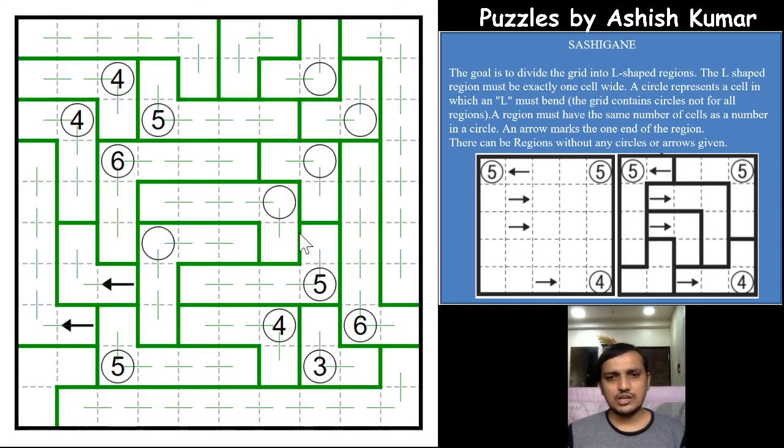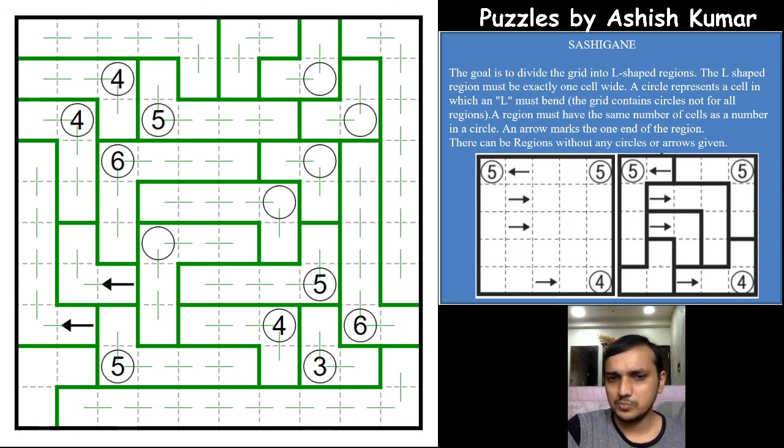So if you saw, there were few tips. I'll just repeat the tips that we came across in these puzzles. The first thing is, when one of the adjacent cells from the circle is not part of the region with the circle, then the opposite cell has to be part of the region. That was one of the tricks. The other is these 2 into 2 group of shaded cells, right?